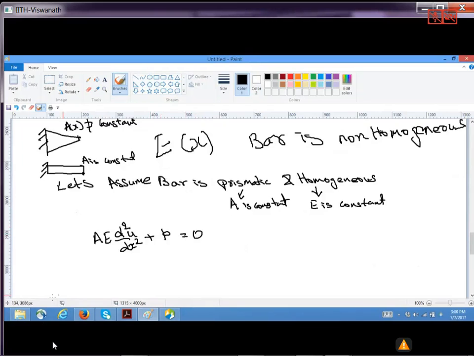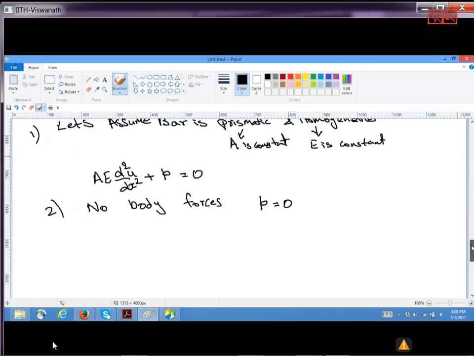Now this is the first assumption. Let's assume a second assumption, that there are no body forces, that means small p is equal to 0. In that case, AE d square u by dx square is equal to 0 is your governing equation.